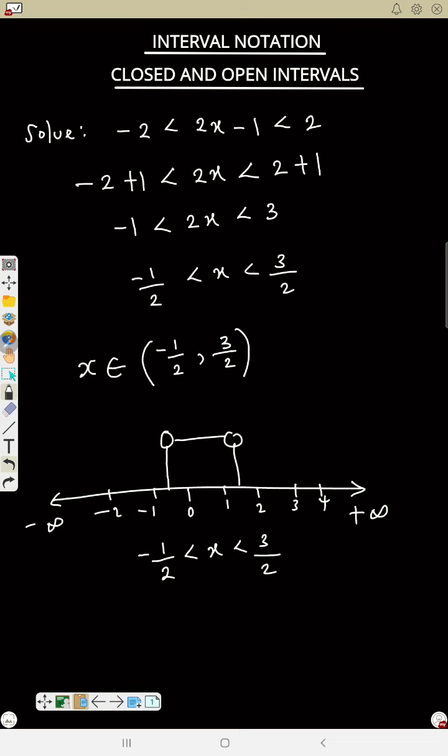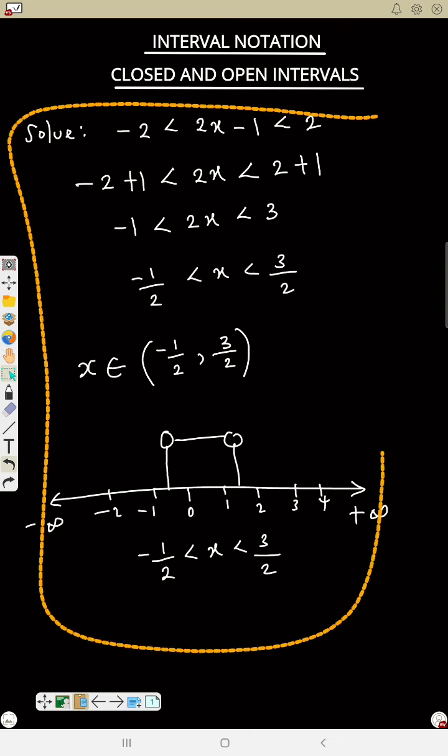Now let's see another interval, number 2: the open-closed interval. The first one was the open interval.